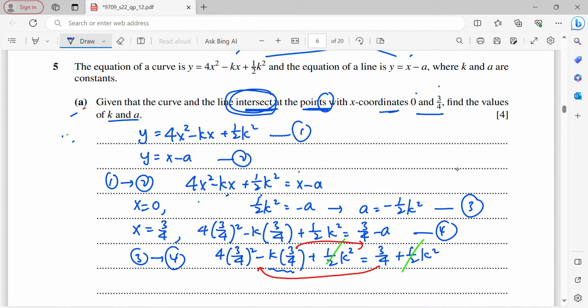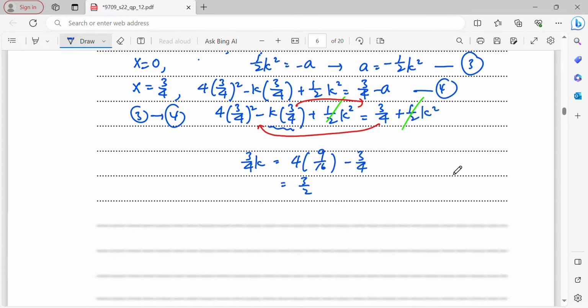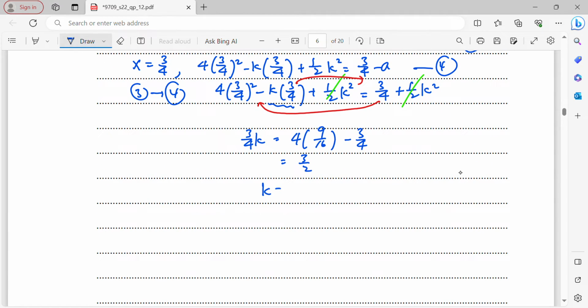So when you minus, I will be getting 3 over 2, which means 3 over 4 k equals 4 times 9 over 16 minus 3 over 4. So here you will get 3 over 2. Then at last, your k is going to be 3 over 2 times 4 over 3. Then the answer is 2.